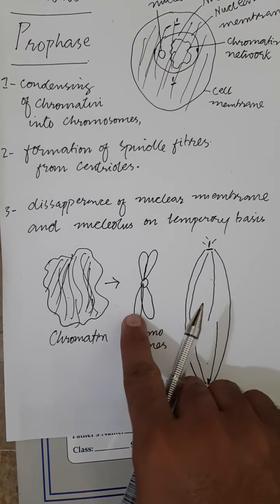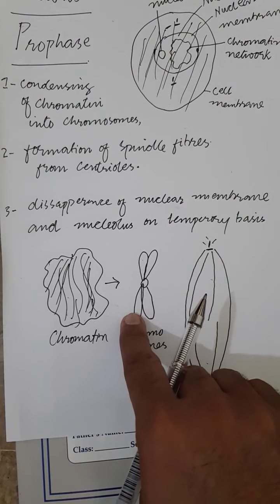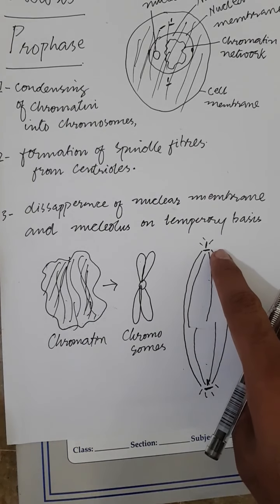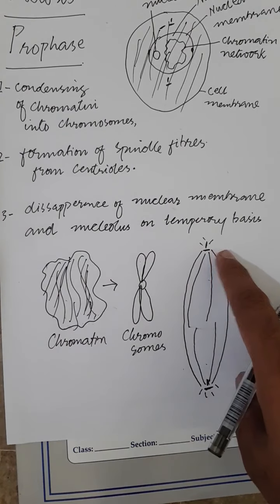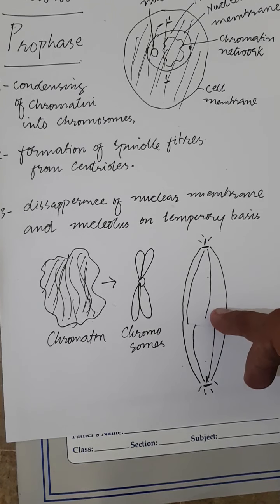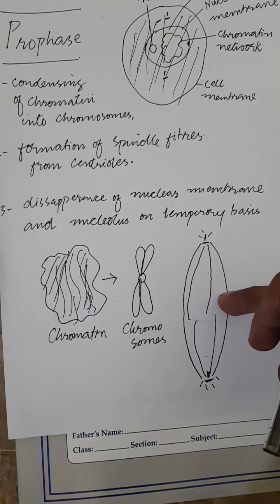So the chromosomes of plants and of other organisms which lack centriole also divide as animals divide, but they will not have any centriole. They will only have this kind of shape. They will have this kind of arrangement in their cell.